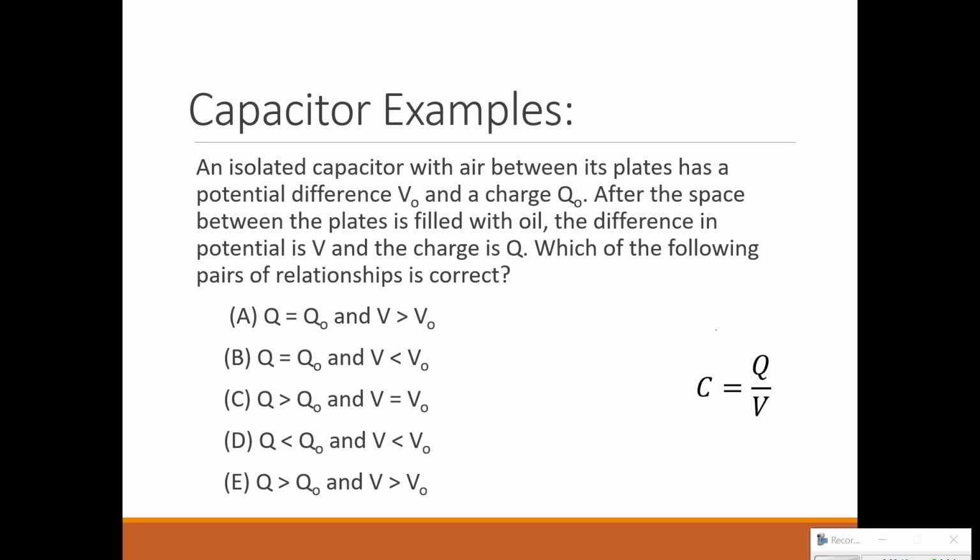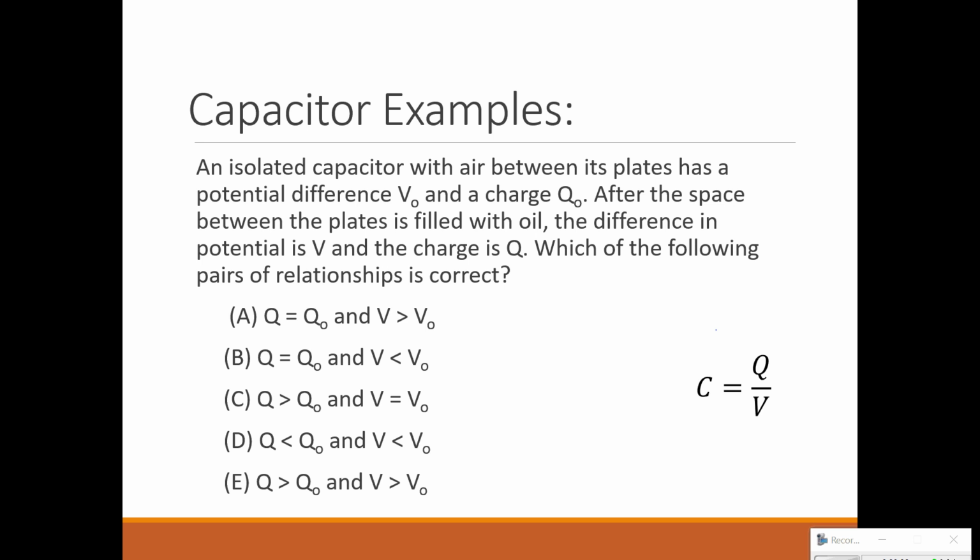We're going to look at this equation right here that says capacitance is equal to charge divided by voltage. Now, with an isolated capacitor, there can't be any change in the amount of charge because it's isolated. Nothing else can send any charge to the capacitor. So right off the bat, we know that the initial charge is going to be equal to the final charge.